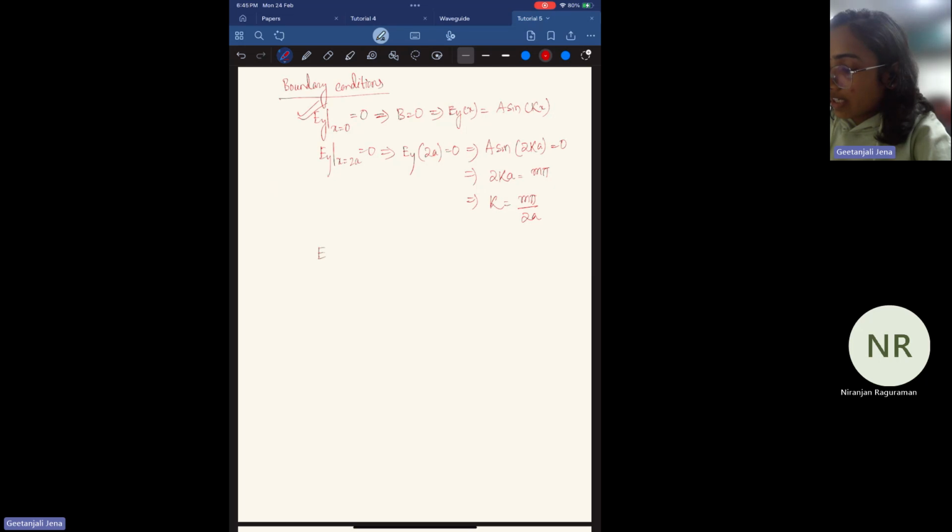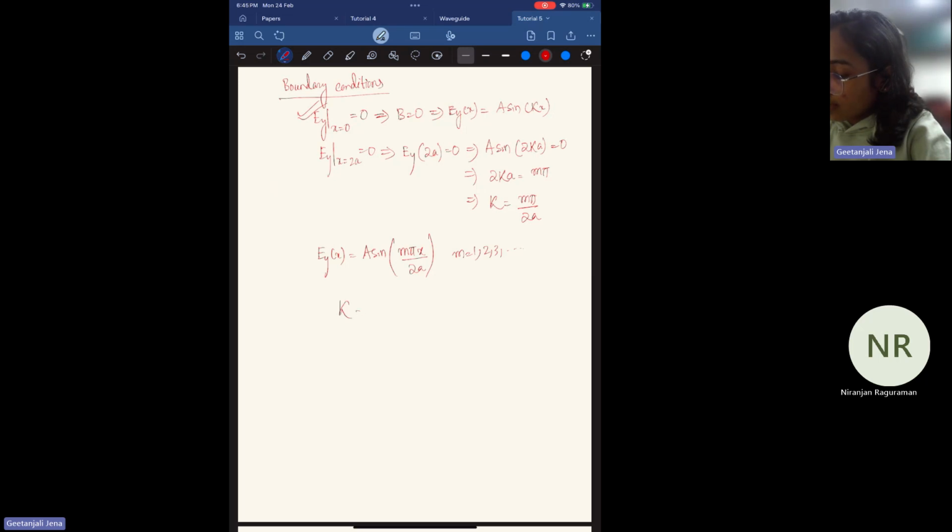So E_y(x) now we have a sine of m pi x over 2a, where m is 1, 2, 3. So what will be the propagation constant then?